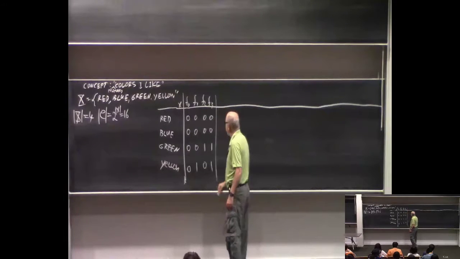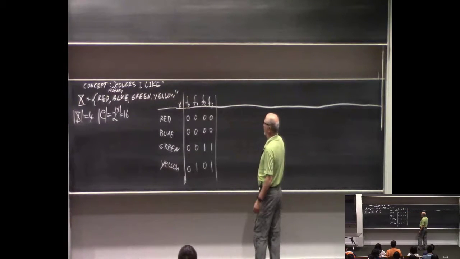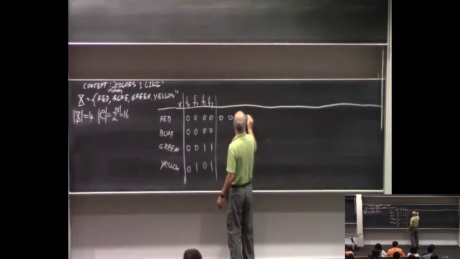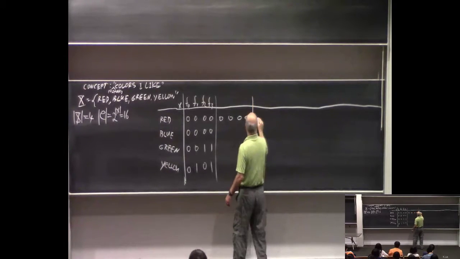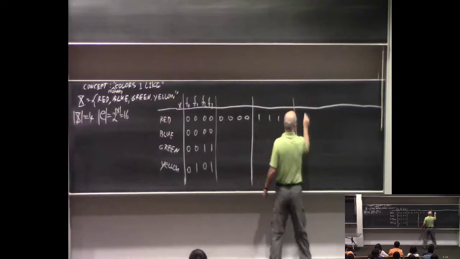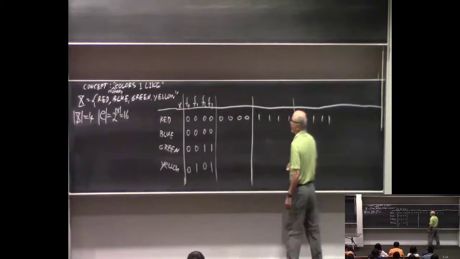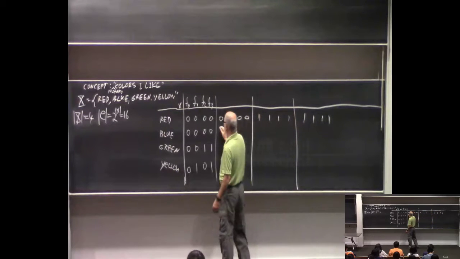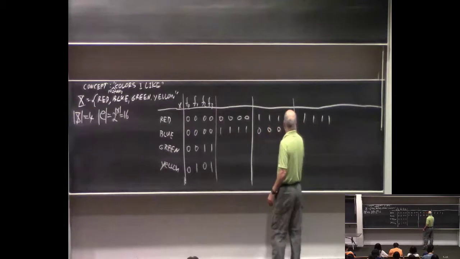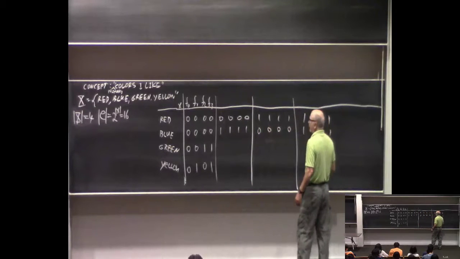I'll put a little line here. And now I'll fill this in really quickly. 0, 0, 0, 0. Then 1, 1, 1, 1, and so on.